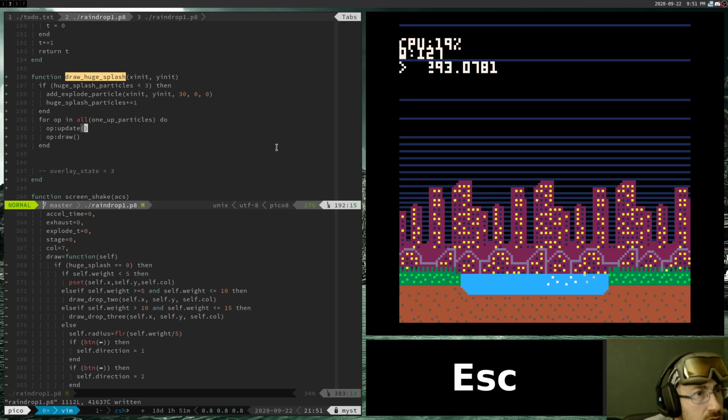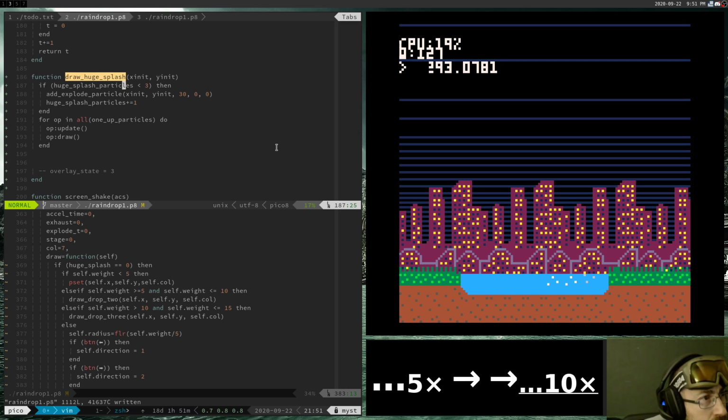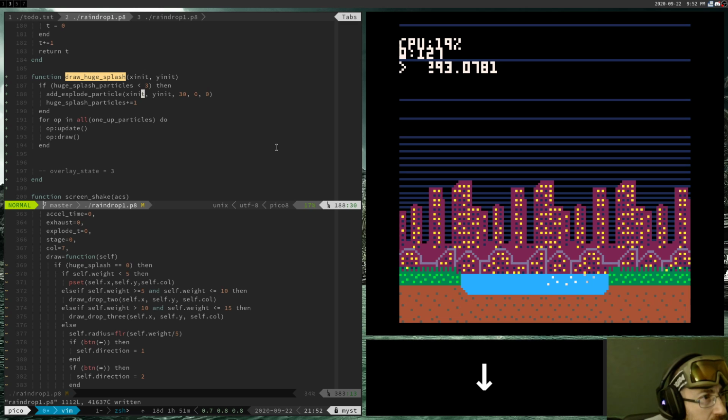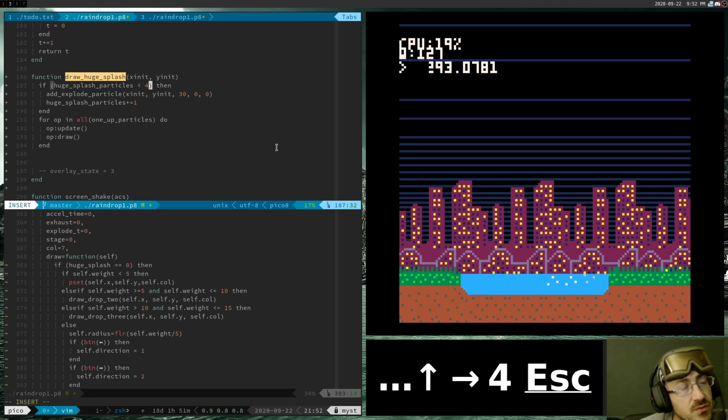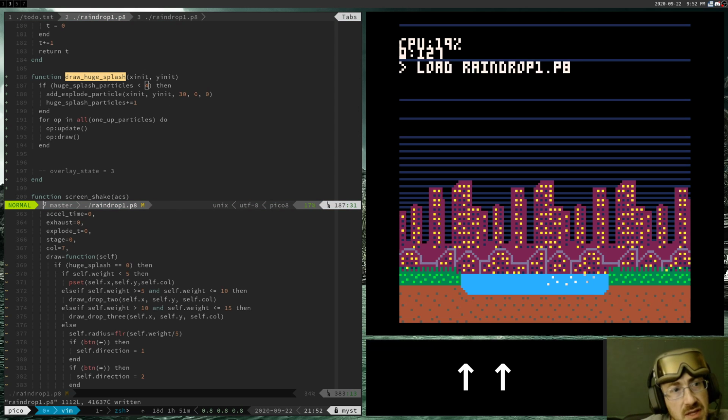Okay. So now huge splash particles is less than 3. All right, so maybe we do 4, unless 3 was like the limit.